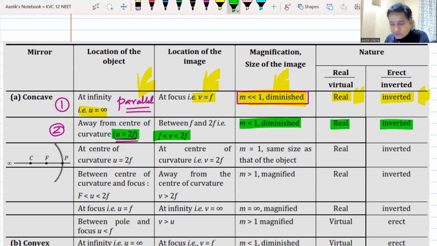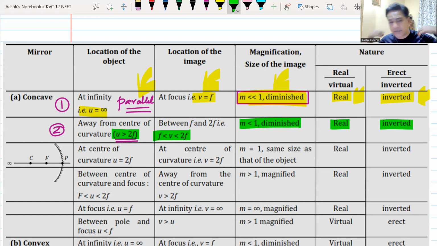The ray diagram I will show after this so that you have an image of what is happening there. You may not draw the ray diagram, but you will have to remember whatever I have highlighted in green. You can write everything in short. Whatever I have highlighted in green, even if you write that much, you have to understand it.